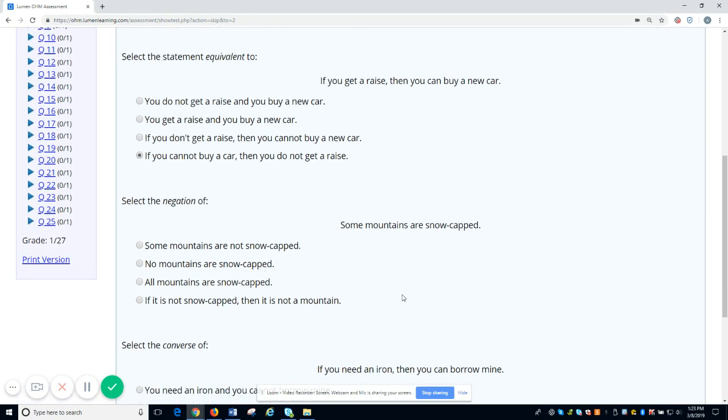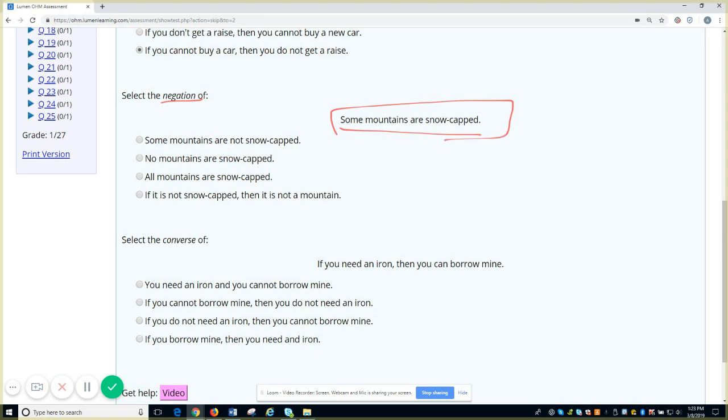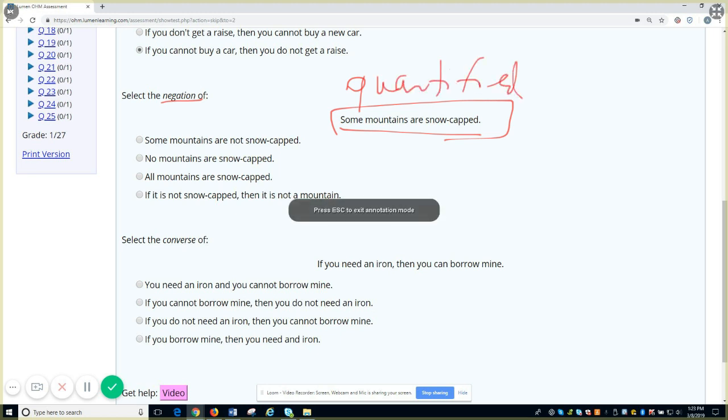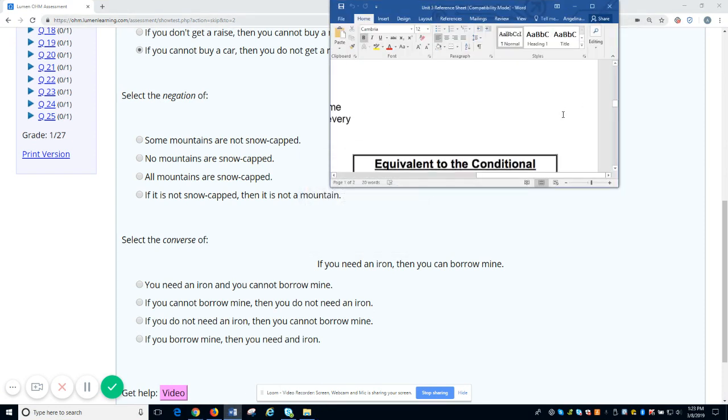Right? So two more. The next one, we are again forming a negation of this statement. Now this statement is not a compound statement. It's just a simple single statement, not linked to any other statements. But this statement is quantified, so we need to refer to our reference sheet to see how we negate quantified statements.